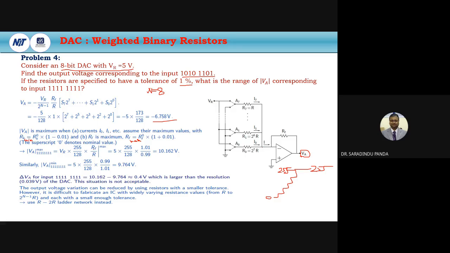Now RF, this is the maximum. So RF should be the 1.01 maximum value and R should be the minimum value. Then we will get the maximum proportion.